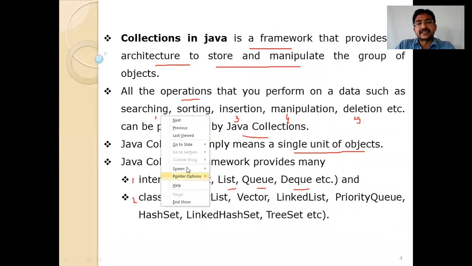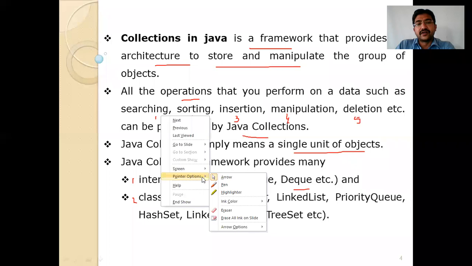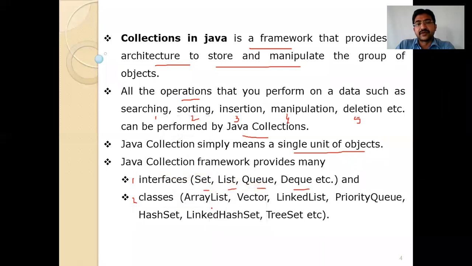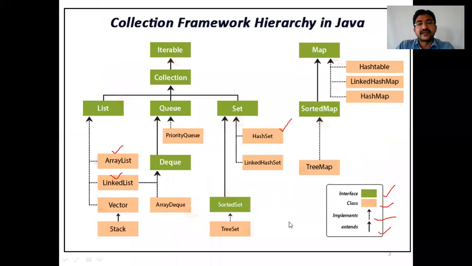The second part is classes: array list, vector, linked list, priority queue, hash set, linked hash set, tree set are all called classes. How can we tell they are classes? The light cream color indicates classes.